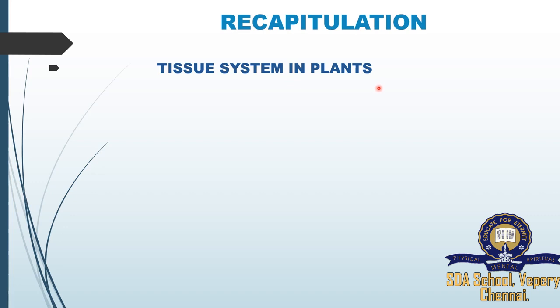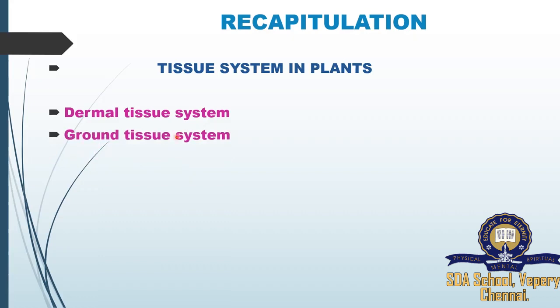Yes, we have three types of tissue systems in a plant. The first one is the dermal tissue system. The dermal tissue system is the outer layer of the plant, like the skin of the plant. Next, the ground tissue system.